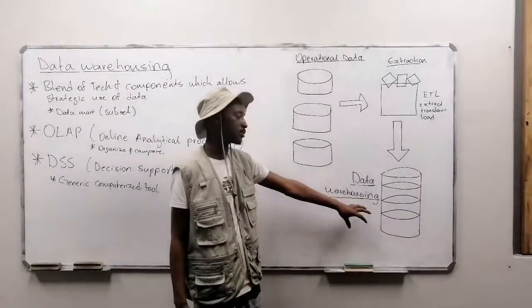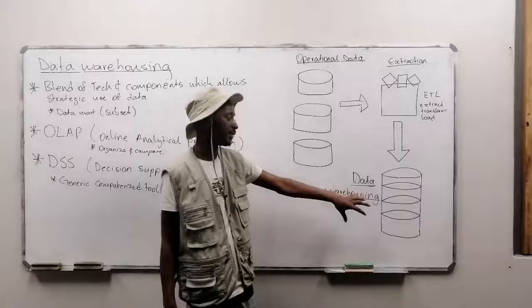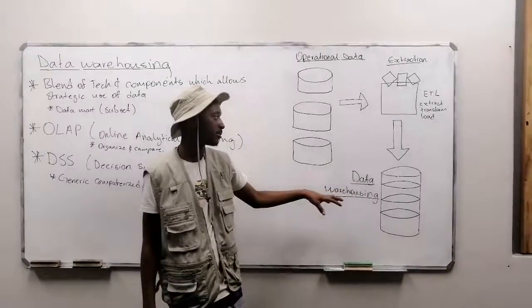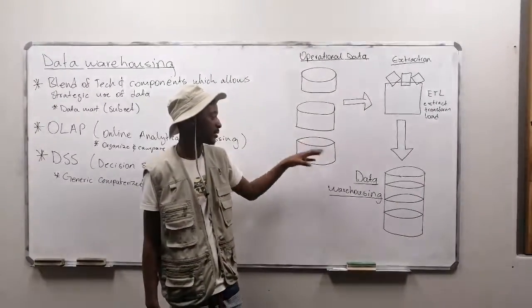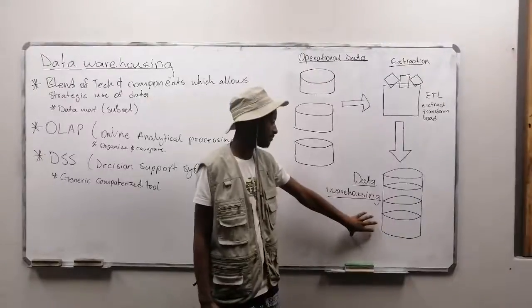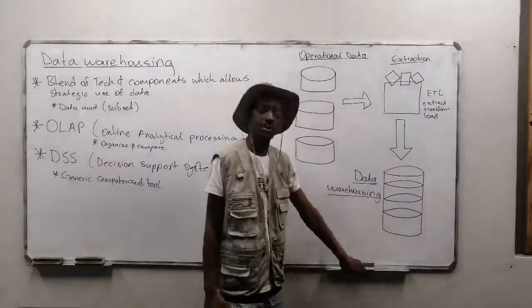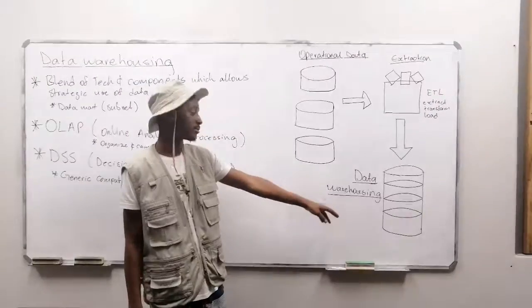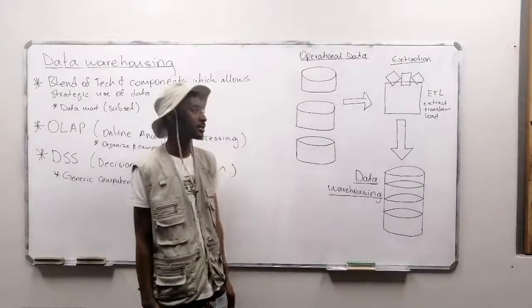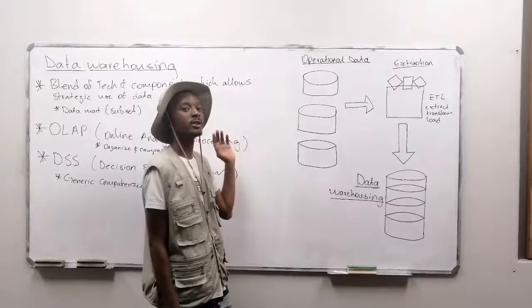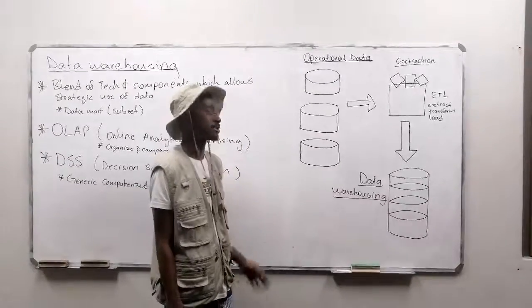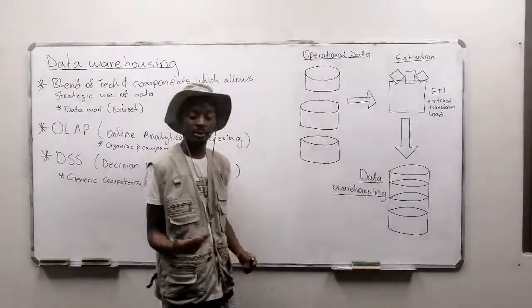Because this is not a two-dimensional database, it's a three-dimensional database, meaning there's a third dimension to it, which is called time. That's how you're able to track your information over time.